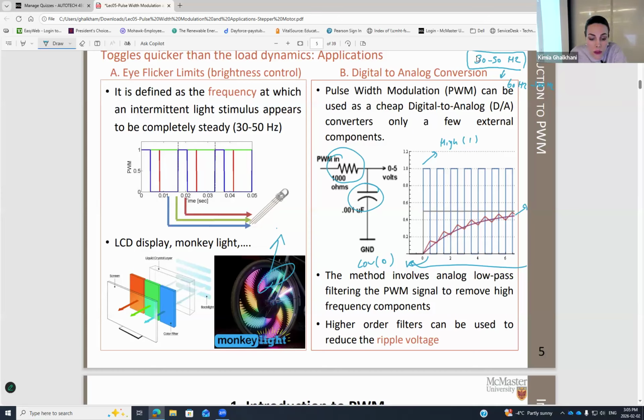So we use a filter to remove high frequency and reduce the ripple voltage from the signal, and then at the end just display it as a continuous signal, which is going to be the digital signal. So we filter out, and that filter is happening only using a resistor and a capacitor. Then what would be your job as an engineer?